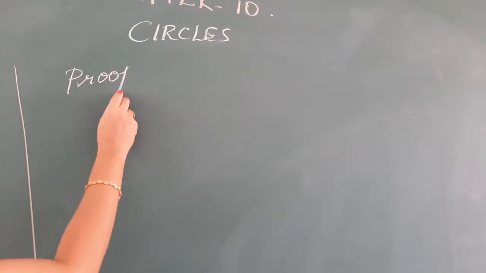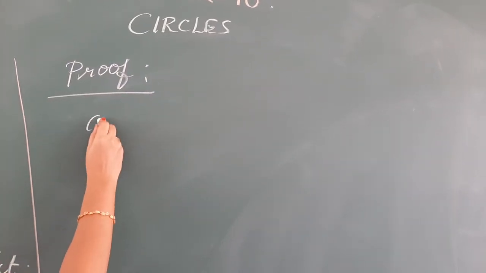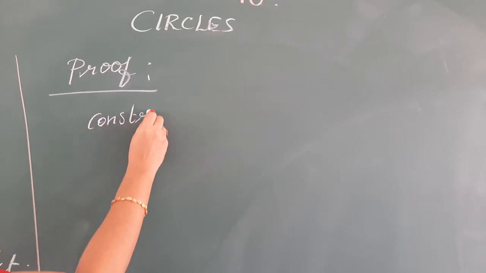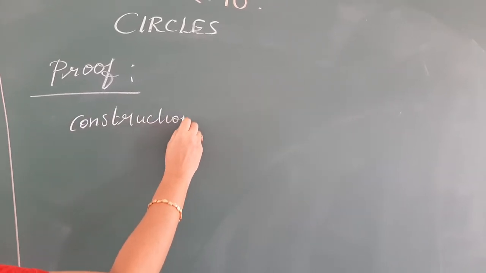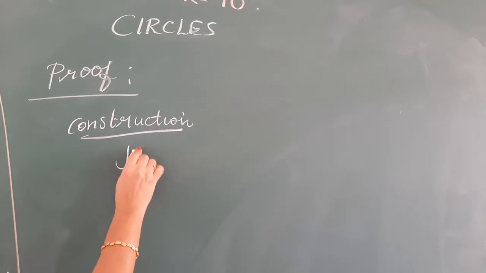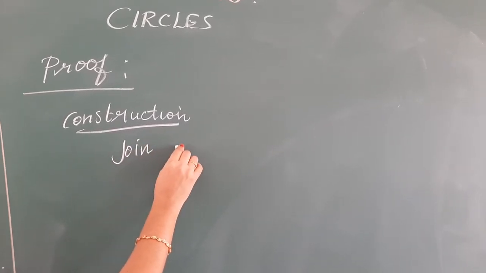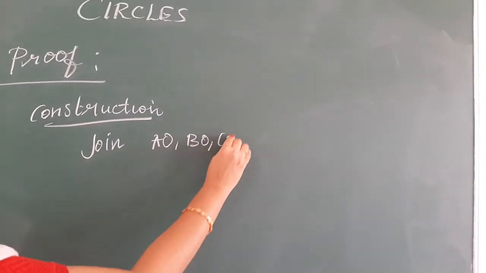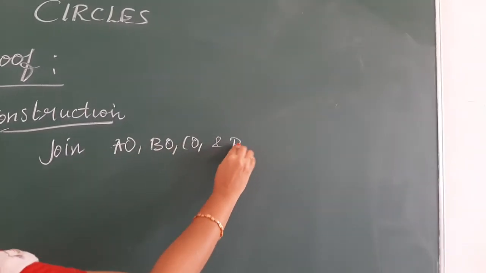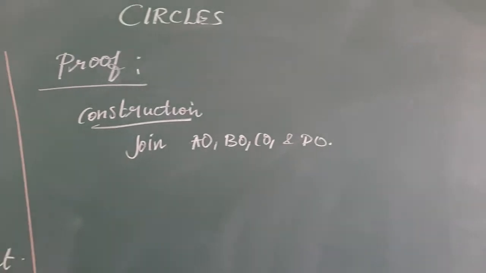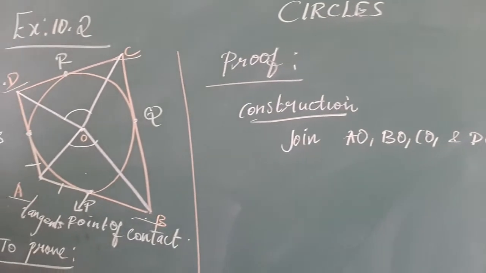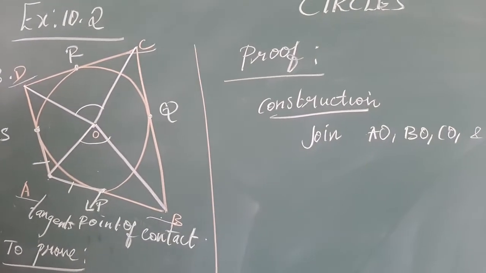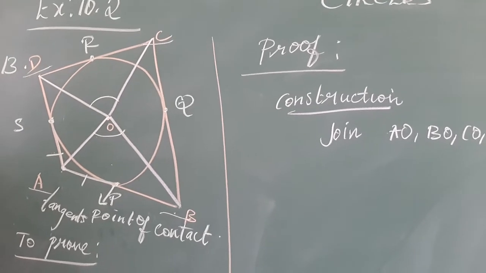So the proof starts here. In the proof we did a construction. What is that? We join AO, BO, CO and DO. Then again we are doing one more construction. We are going to draw the radius of this circle to meet the point of contact.